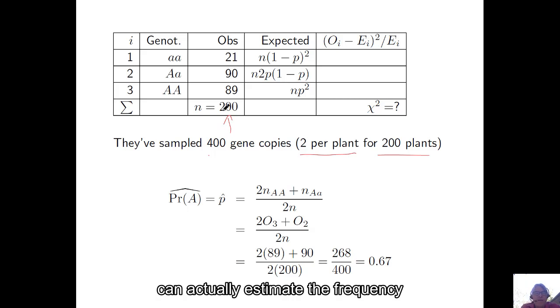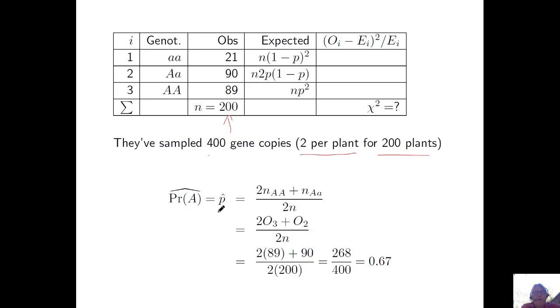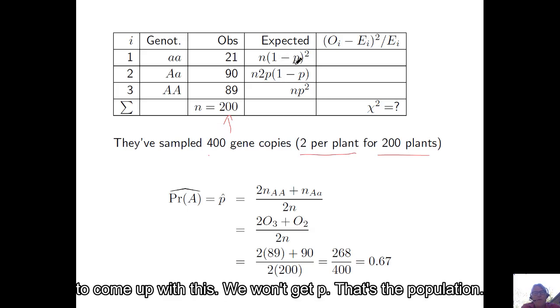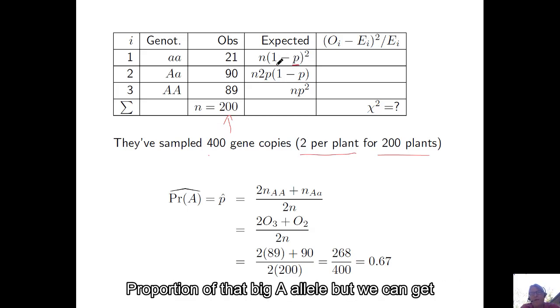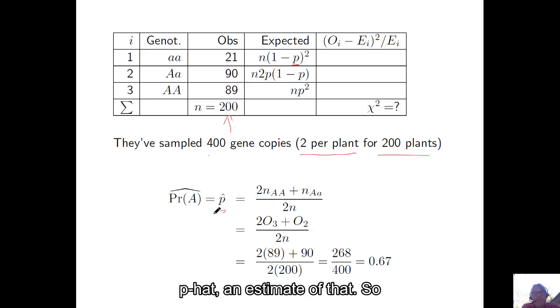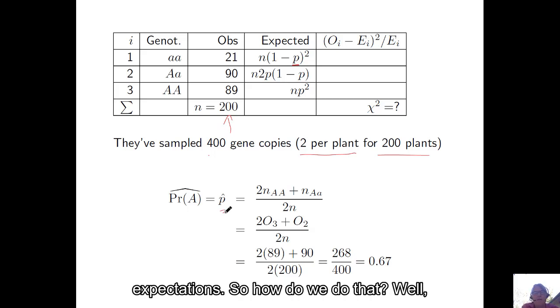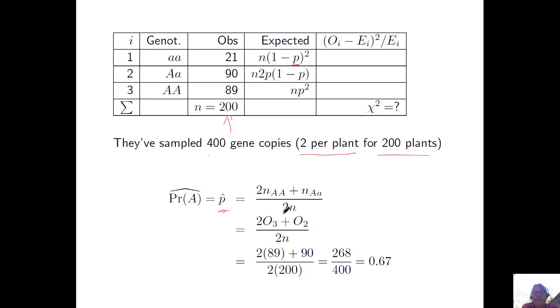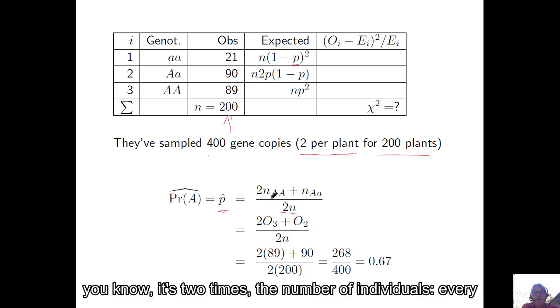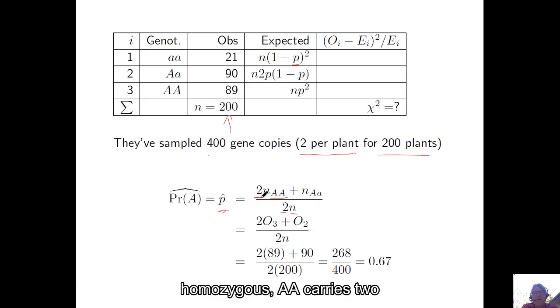So you can actually estimate the frequency of the big A allele to come up with this. We won't get p, the population proportion of that big A allele, but we can get p hat, an estimate of that. So we can use that to come up with our expectations. So how do we do that? Well, it's 2 times the number of individuals. Every homozygote big A carries 2 copies of the gene, so we would add 2 there, and every heterozygote has just 1 copy of the gene, so we have a coefficient of 1 there.